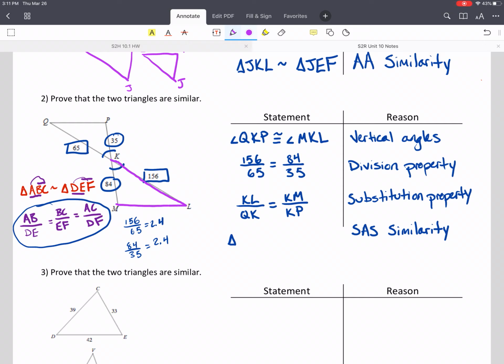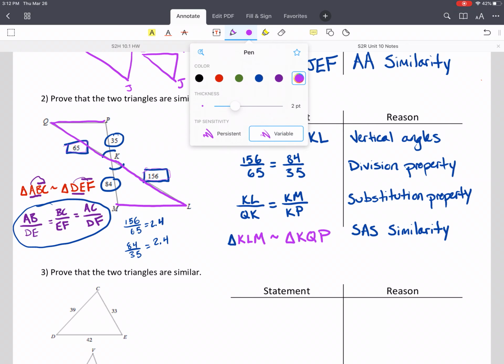So triangle KLM is similar to triangle KQP. This is legit how I do it. I went down my box here, so I'm going to go down my box from there. And then we have the side angle side similarity.